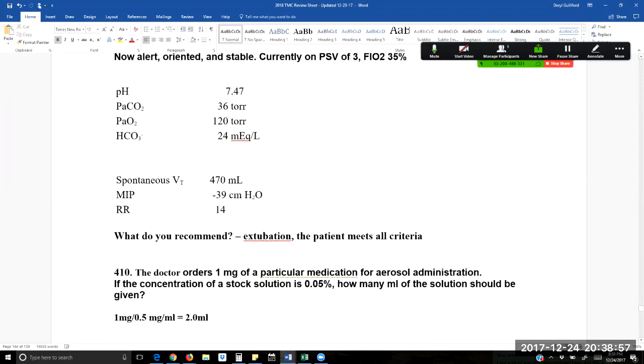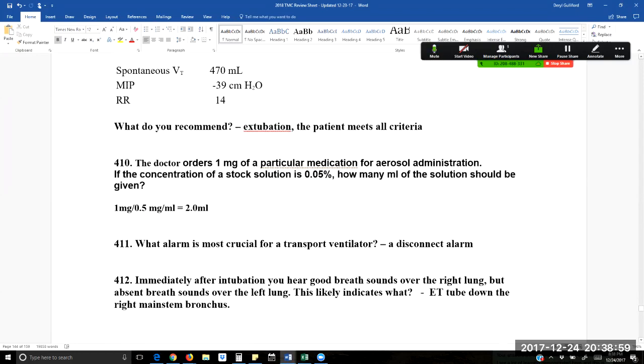All right, number 410, doctor orders 1 milligram of a particular medication for aerosol. If the concentration of the stock solution is 0.05%, how many milliliters of the solution should be given? When I was a student, I hated these calculations. I'll just be honest with you. But you could see one.